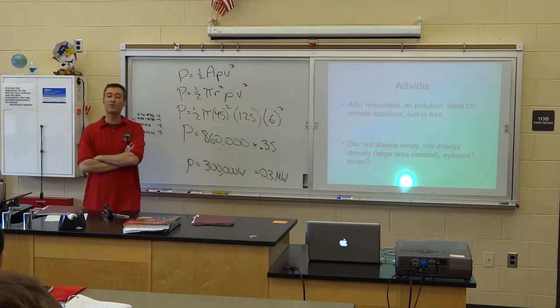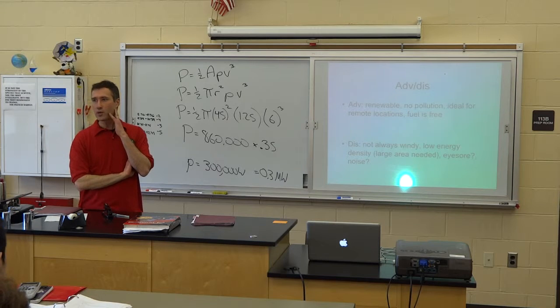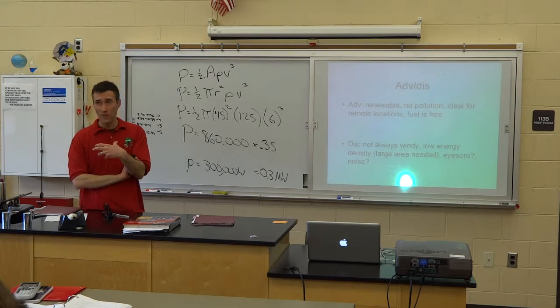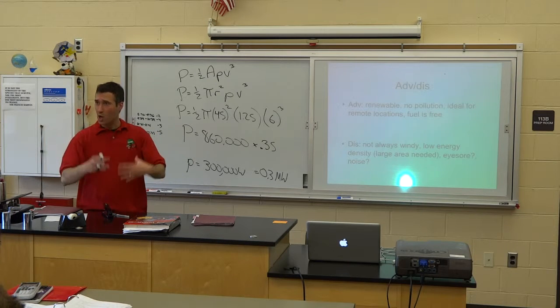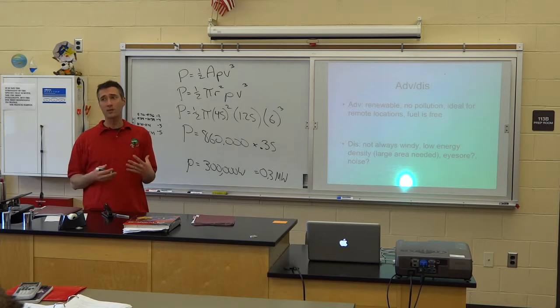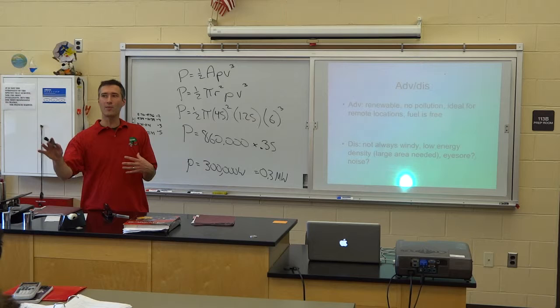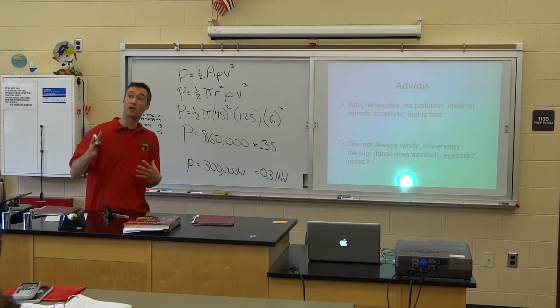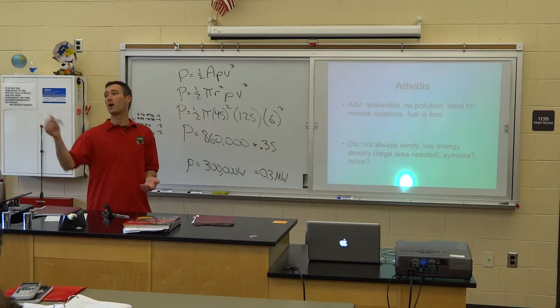But one of the benefits that I didn't include up here in the advantages is that you can have the turbines there and still do stuff. If you're a farmer, you can have crops right there, other than where the actual column is. It doesn't really block the sun. So yeah, you're right, but that does sort of take away one of the advantages of being able to multitask. Patrick?